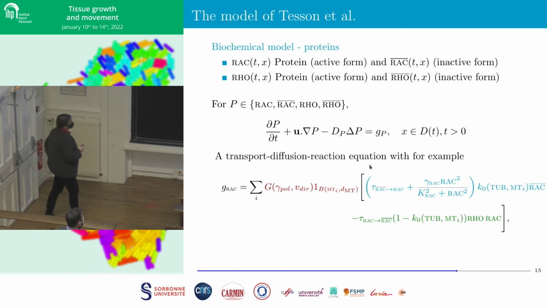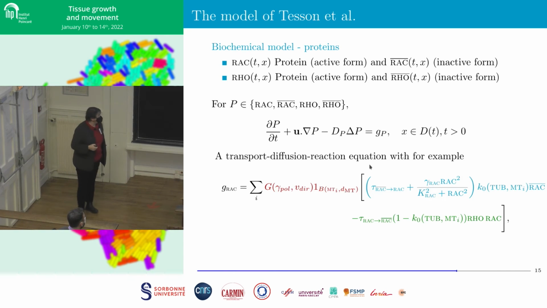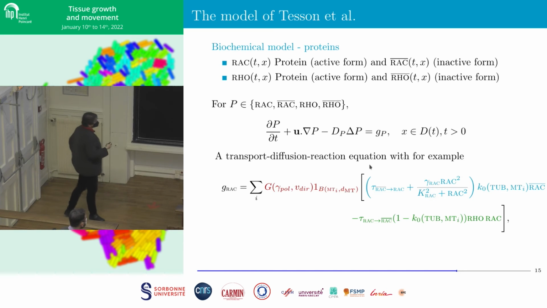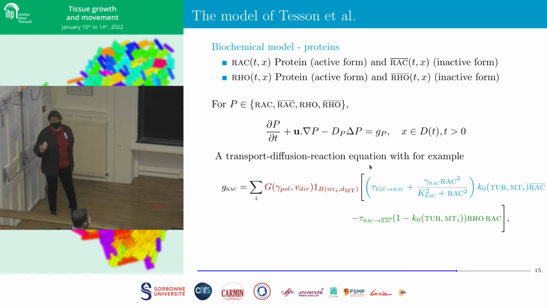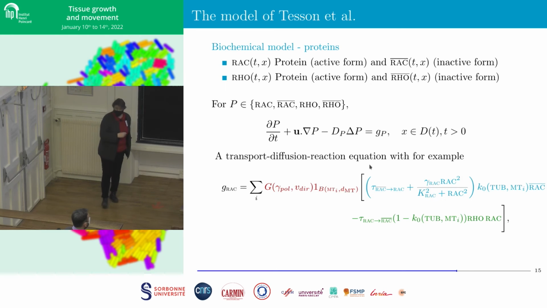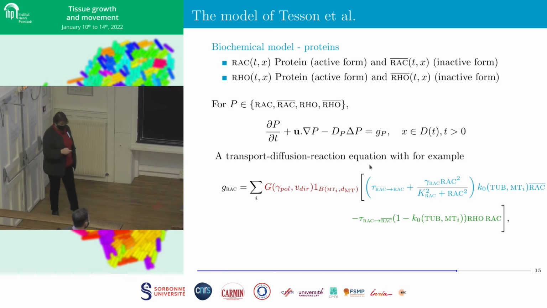And if you look in green, in the deactivation term for Rac, you see that we put a competition term that says that in presence of Rho, we have deactivation of Rac. It was one of the main properties that Stéphane Honoré told us about the proteins Rho and Rac.